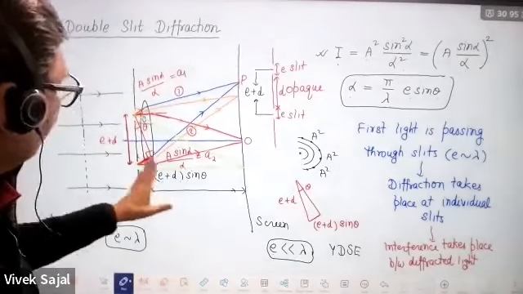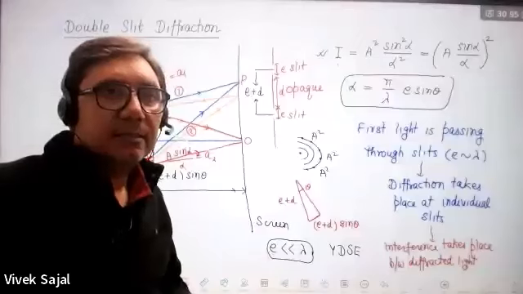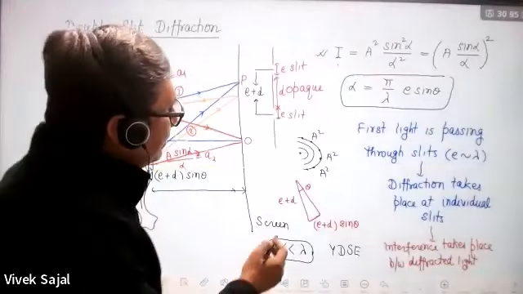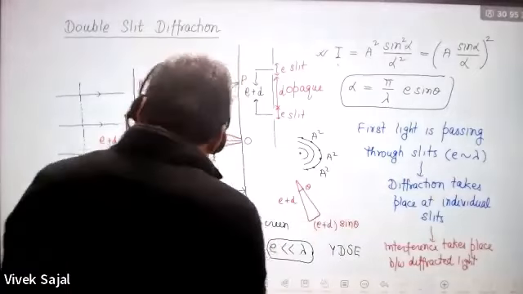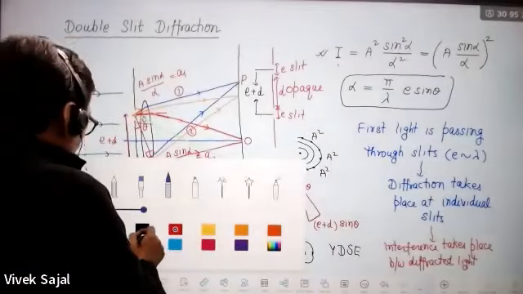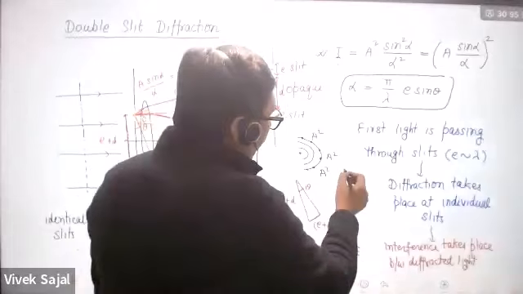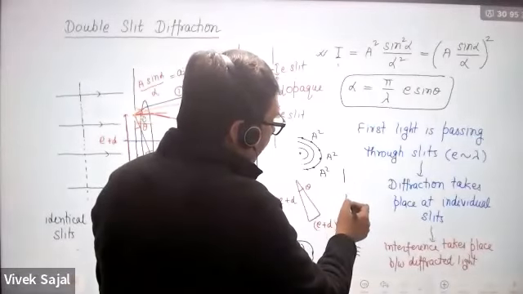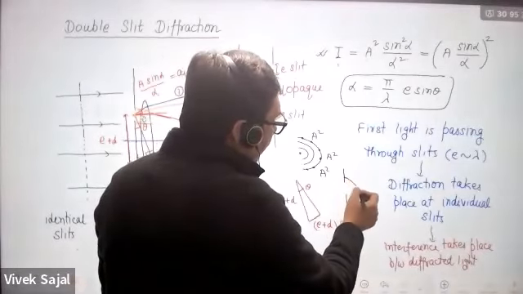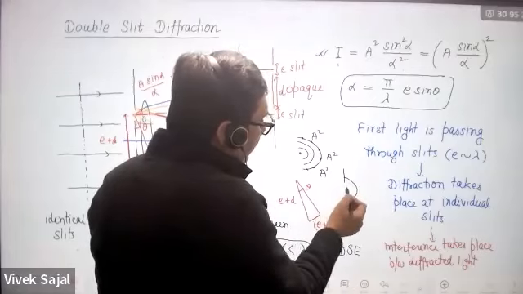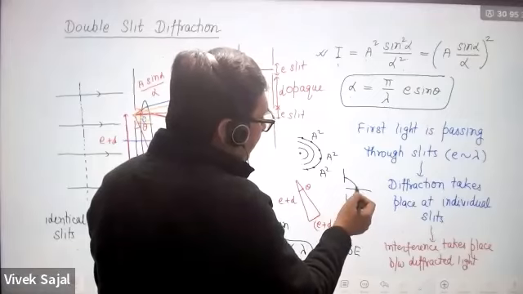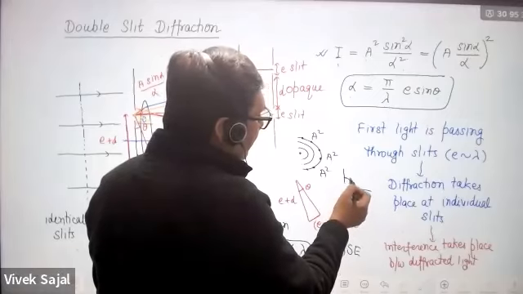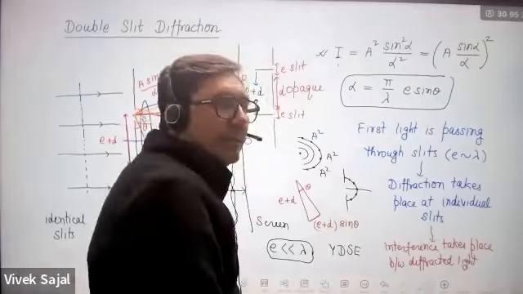So in this experiment, first diffraction is taking place, and after diffraction, try to understand if light is getting diffracted from a slit whose width is of the order of lambda, then at every point on this semicircle, intensity will be different, theta dependent intensity.